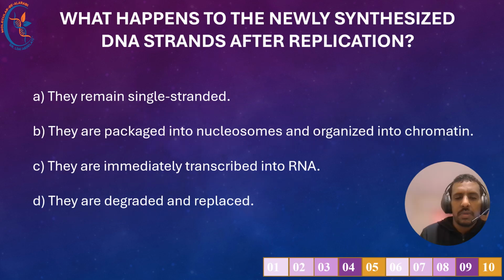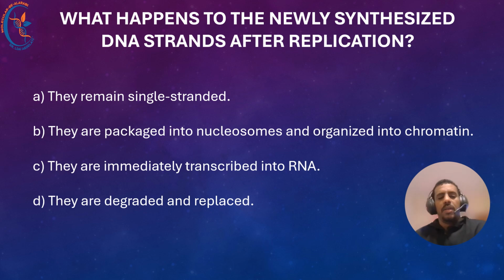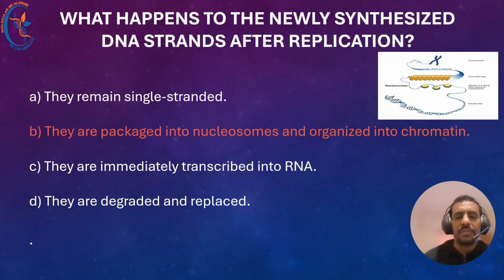Okay. Here is the question. What happens to the newly synthesized DNA strands after replication? Okay, so after DNA replication, the newly synthesized DNA strands are wrapped around histone proteins to form nucleosomes.